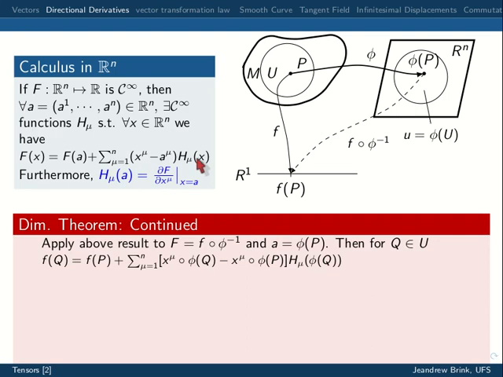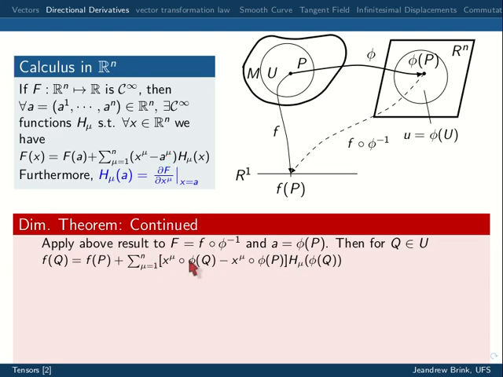And the equivalent of this thing I have written like this. That's basically the coordinates of the image of Q, so that's x^mu, minus the coordinates of the image of P, that's a^mu.